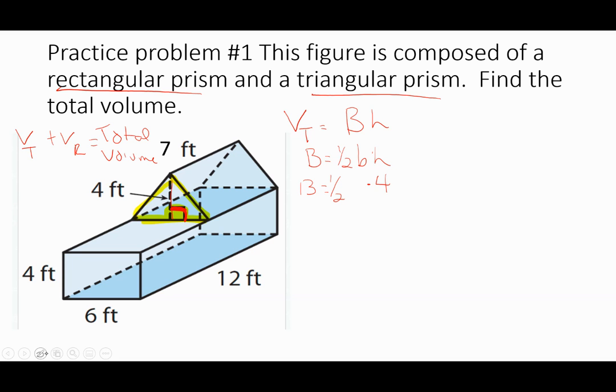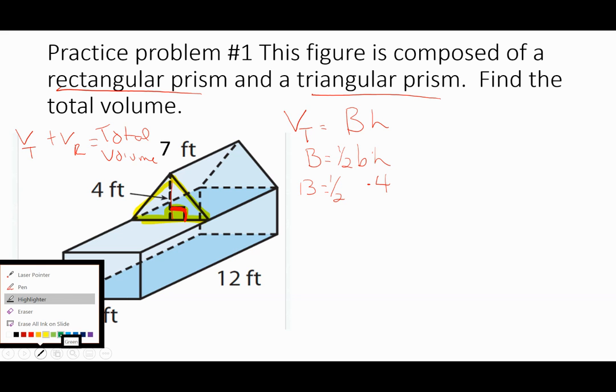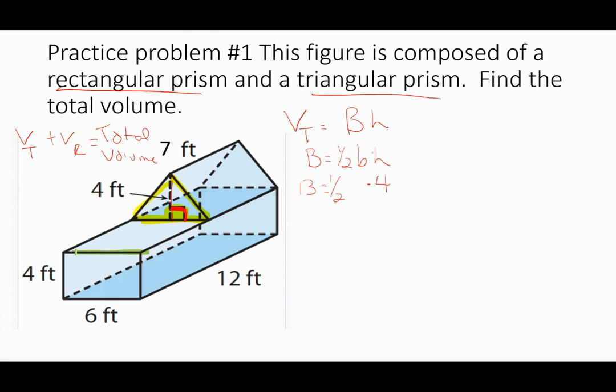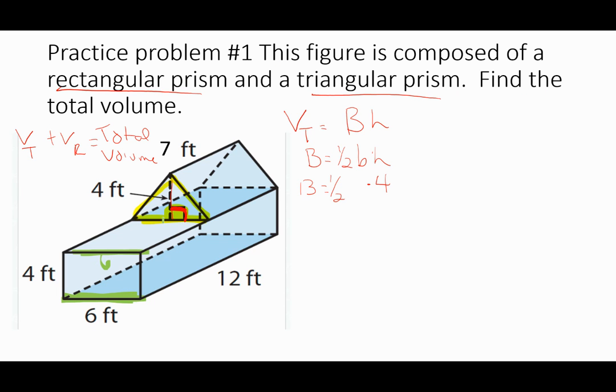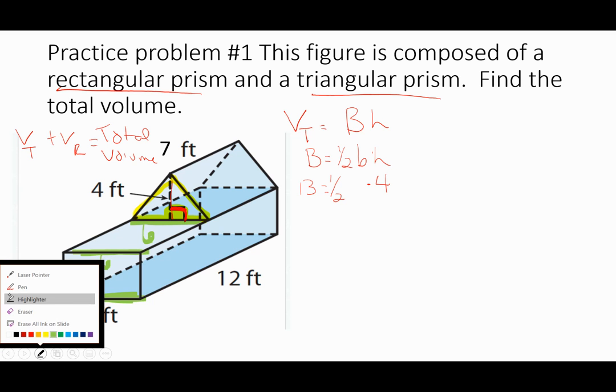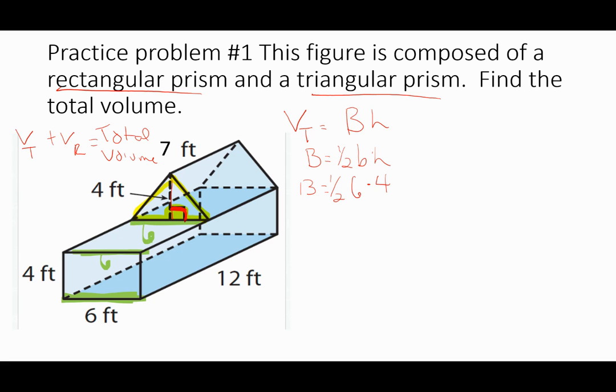So if this and this are the same, and this is 6, this one is 6, that means that this right here is also 6. So our base that we're looking at in here is 6.